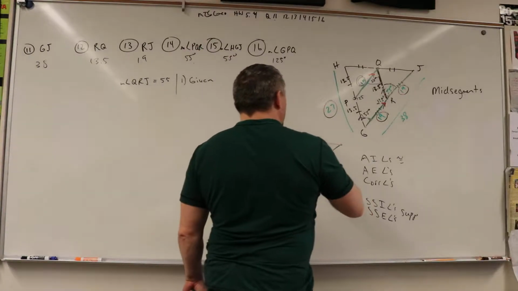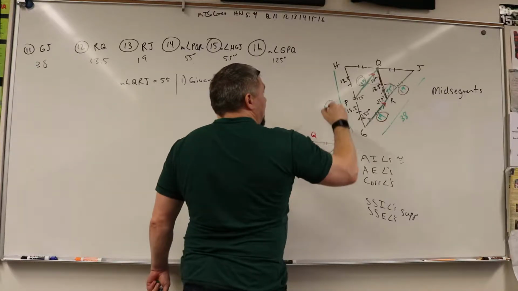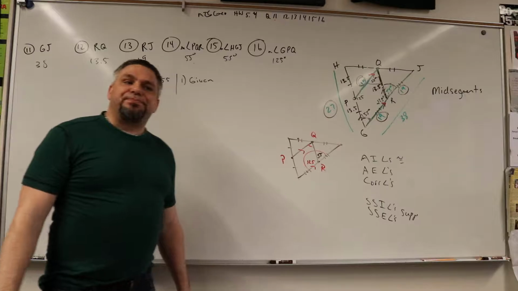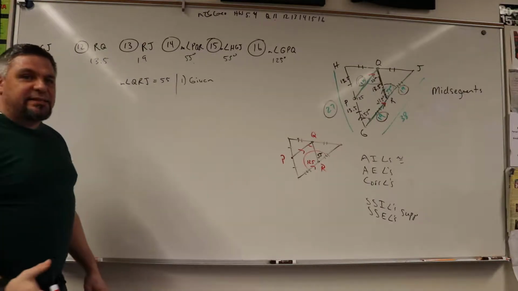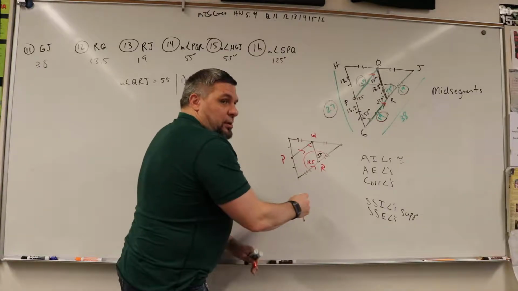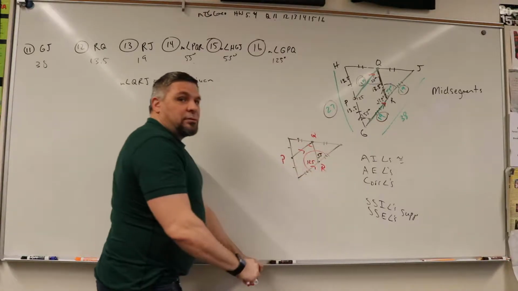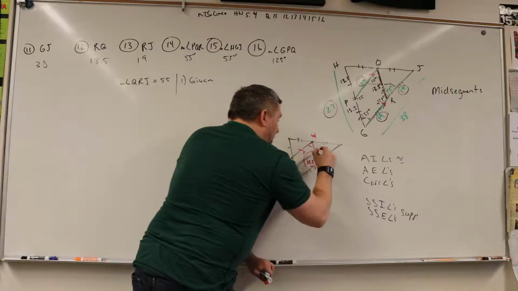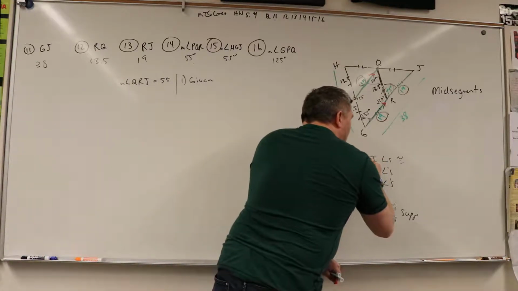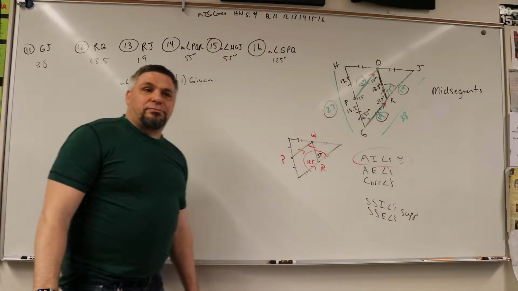So P, Q, and R, I'm starting to look at this angle right here. And what I see is it's interior, and they're alternating, right? So we have alternate interior angles, which are congruent.